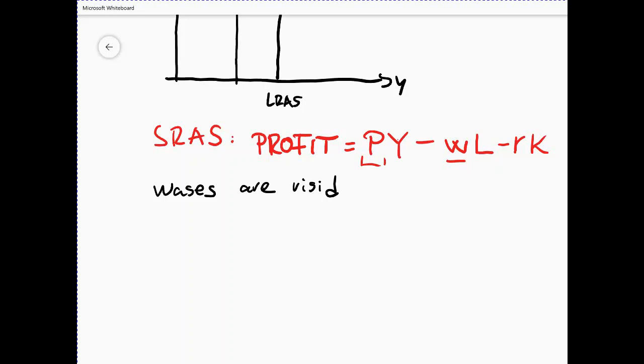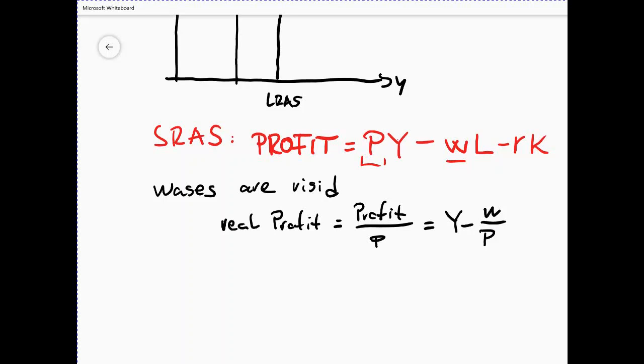Now, if we rewrite this profit function, real profit is nothing else than profit divided by the price level. That is y minus the real wage, W over P times L, minus the real rental price of capital times the actual level of capital.